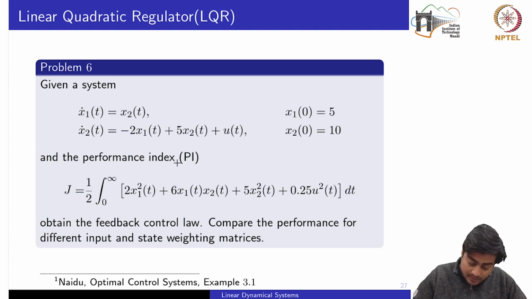Now here the performance index is given by this particular cost function, and we want to obtain a feedback control law which minimizes this performance index. This is the first part. Now the second part is that with respect to different input and state weighing matrices, we want to compare the dynamics of the state and input signals.